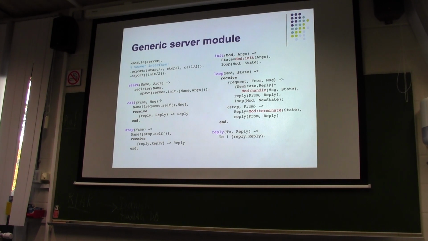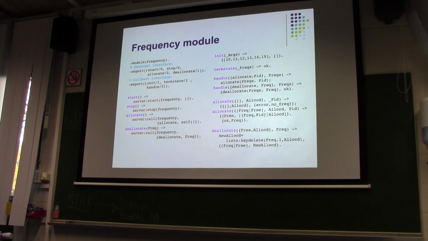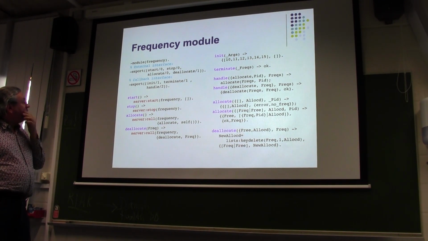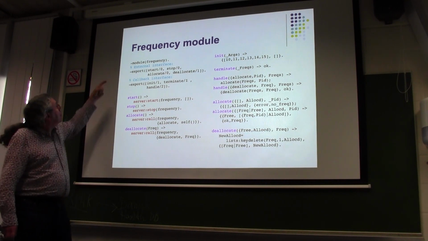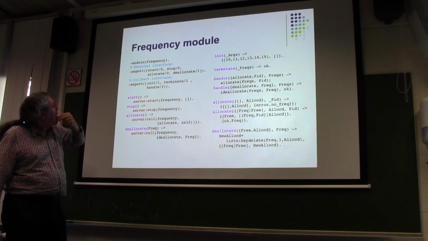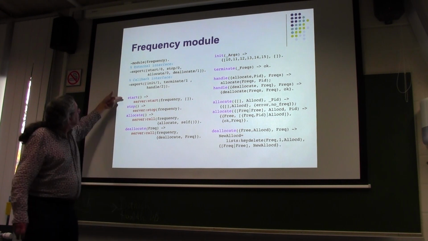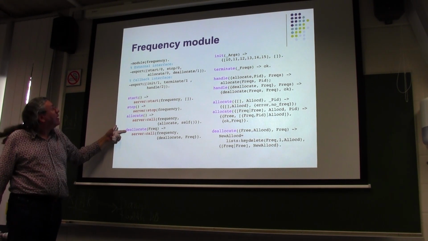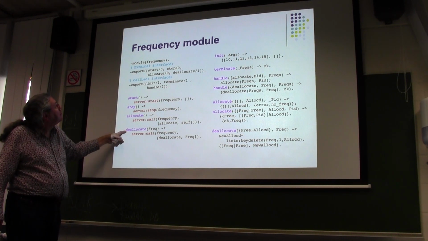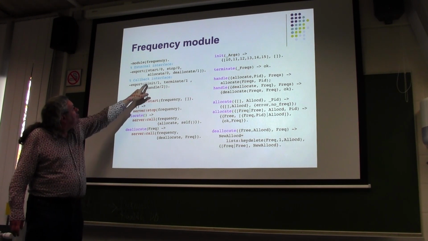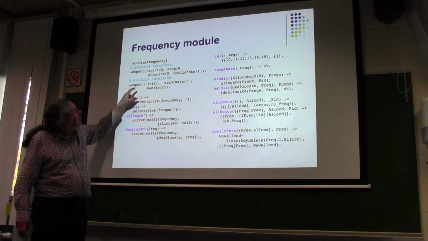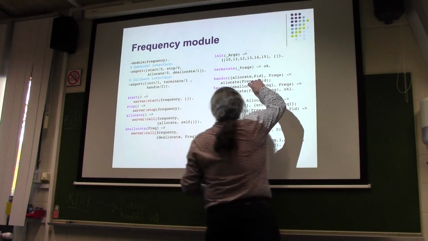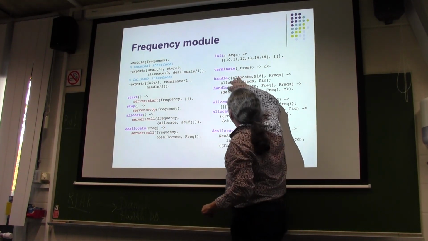So the frequency module looks like this. This is the module, frequency. This is the interface, so this is what the phones will do: start, stop, allocate, deallocate. There's also a callback interface: init, terminate, and handle. The generic module will call these 3 things.